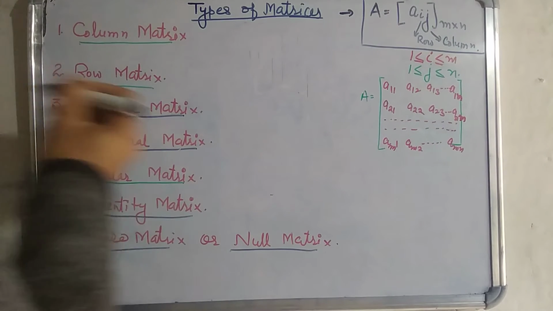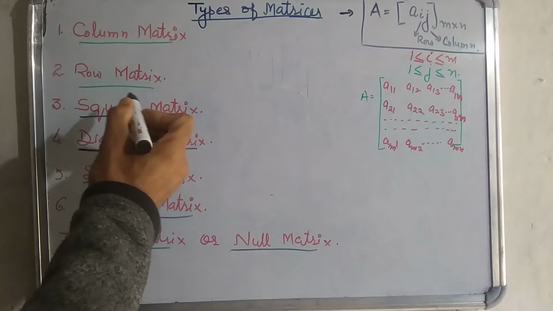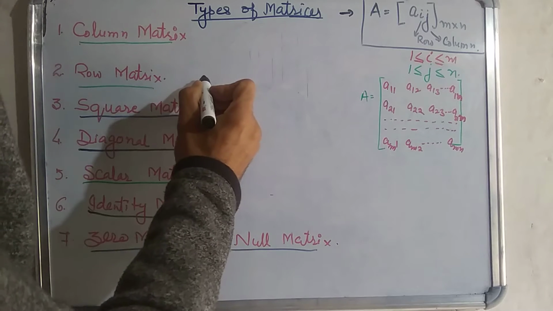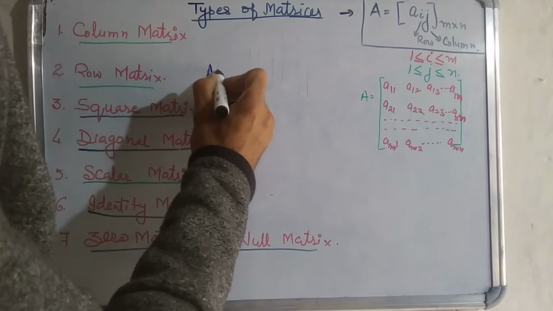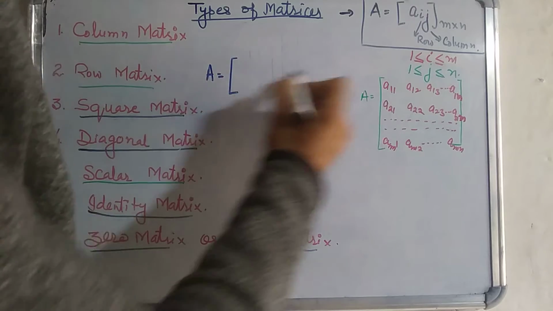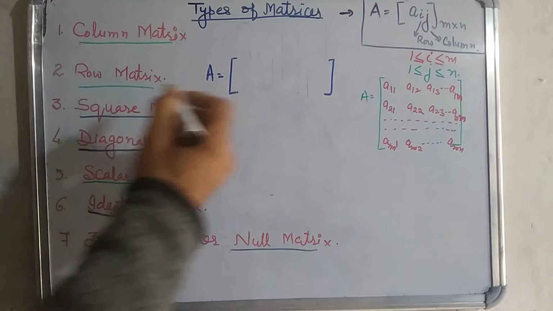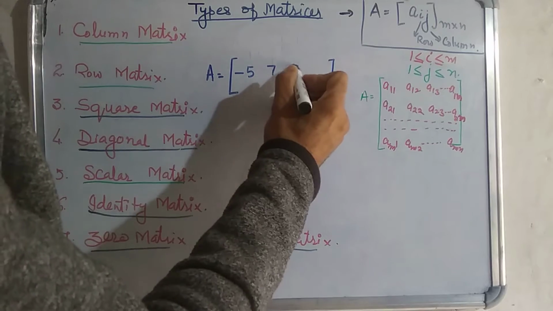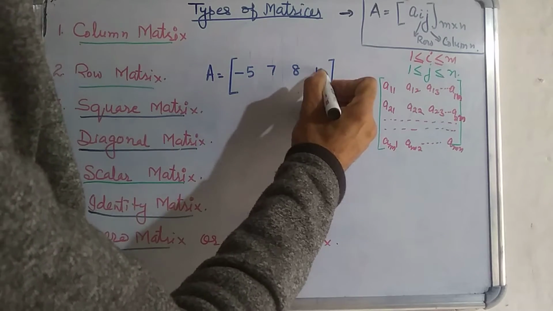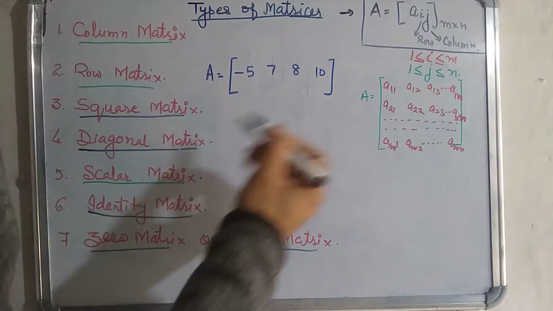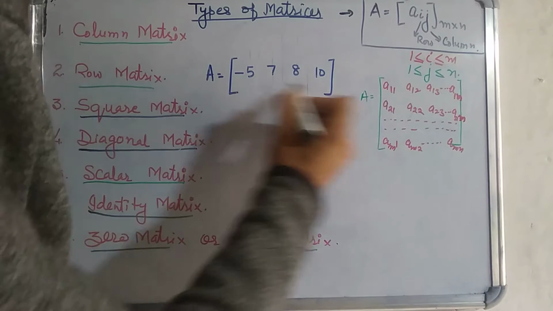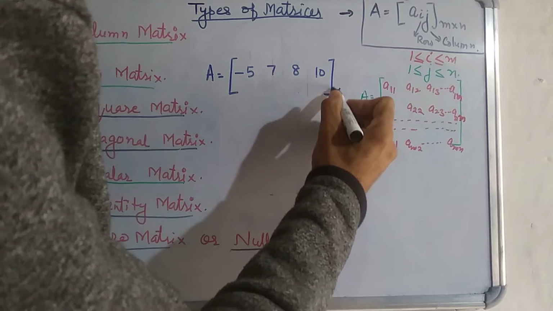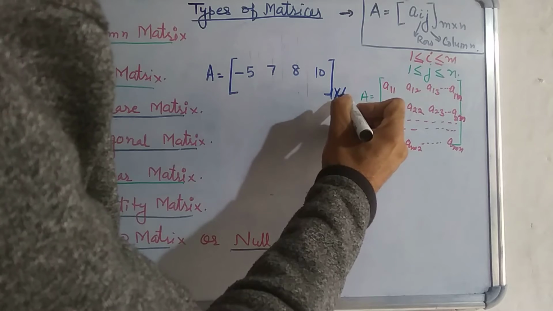Second, row matrix. A matrix is said to be a row matrix if it has only one row. See, A is a matrix which has only one row: minus 5, 7, 8, 10. And the order is one row, 1 by 4.